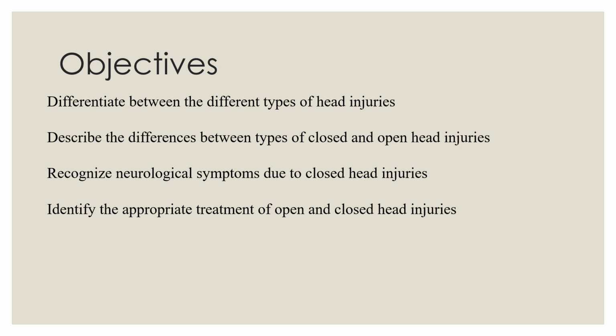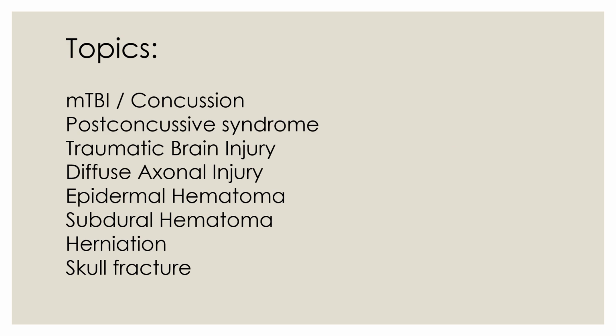And we'll need to remember things from the first and second lectures, the anatomy and the exam, as we talk about these issues. So we're going to be covering these topics and talking about assessment and a little bit about treatment.